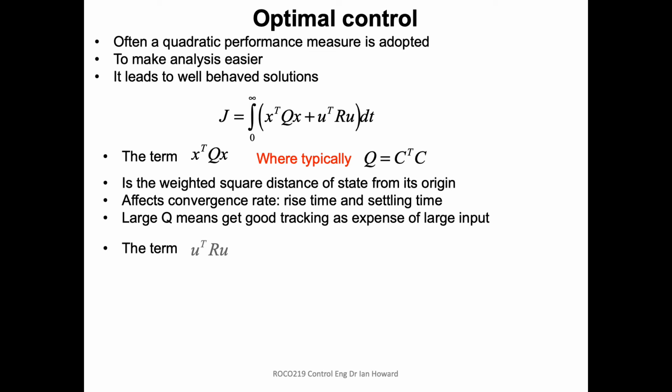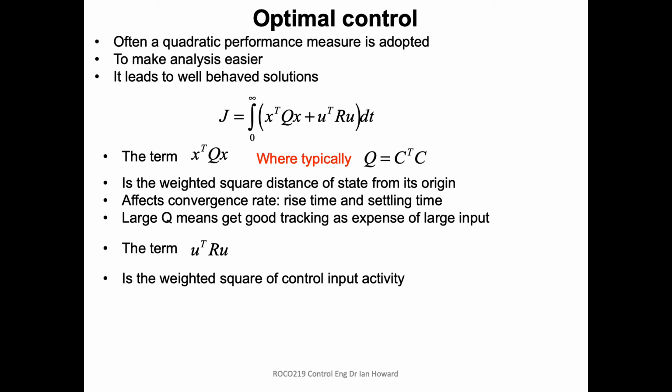On the other hand, the term u transpose Ru relates to the input control into the plant that you're giving it. So this is going to be big if there's a huge control going into the system.